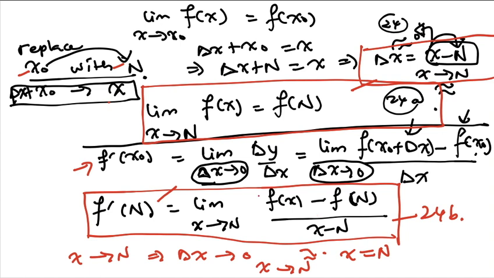Now, look here. Then we can have something like this. I put the identical sign here. Then I rewrite the right hand side of 24b as fx minus fn over x minus n.